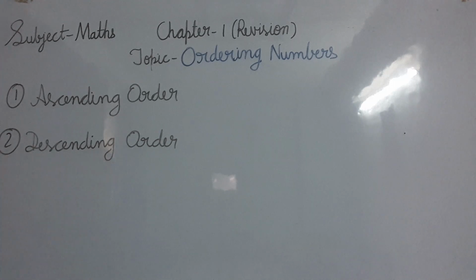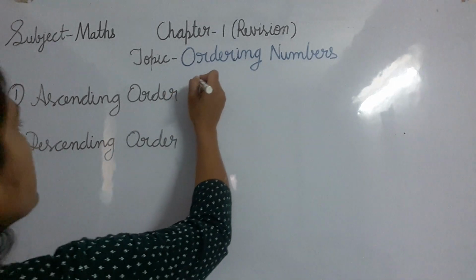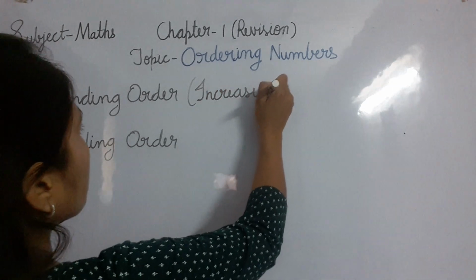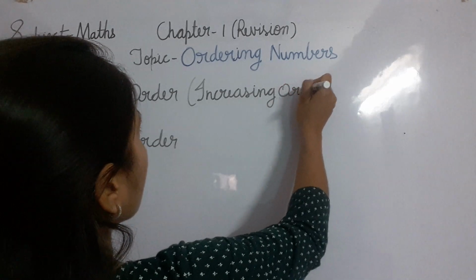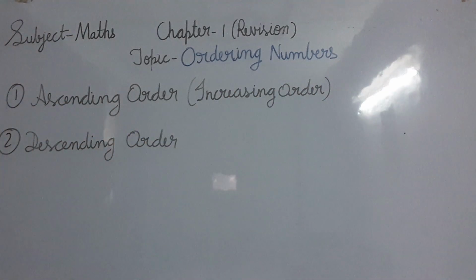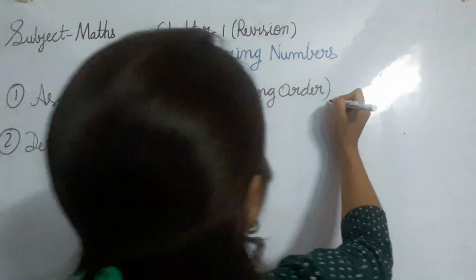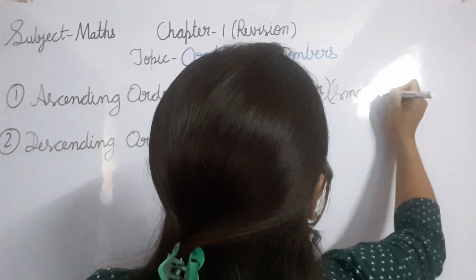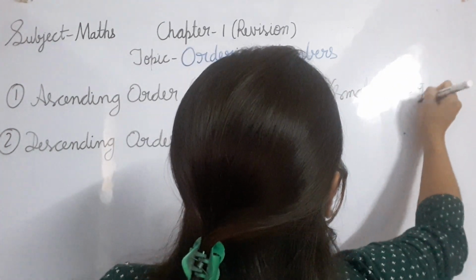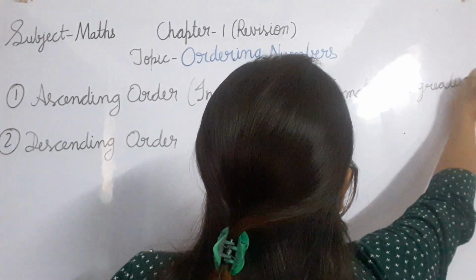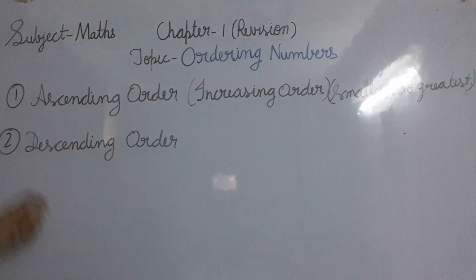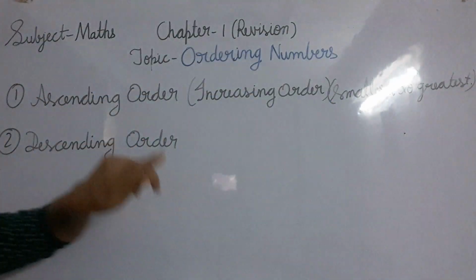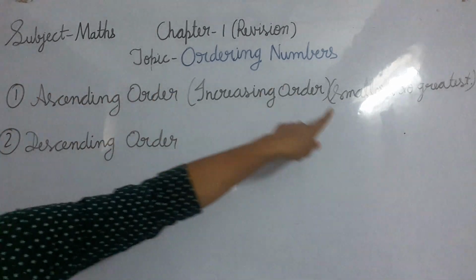Ascending, we can say increasing order also, or one more name is there, smallest to greatest. Three names are there: ascending order, increasing order, or smallest to greatest.